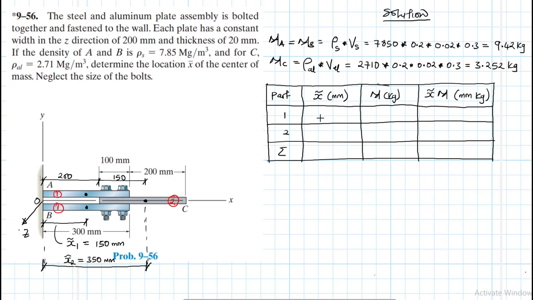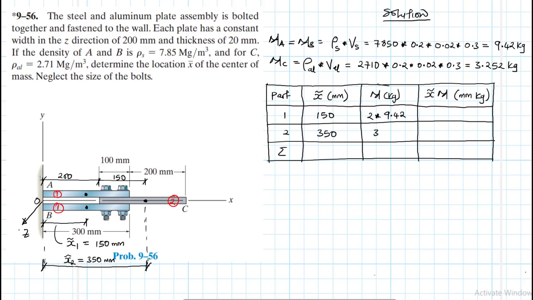But there are 2, don't forget. So this is 150, and then for the second one we said is 350, and then the mass, since part 1 there are 2 of them, we multiply by 2, then times the mass for each one, which is 9.42, and then for the second one it's just single, it is just alone.